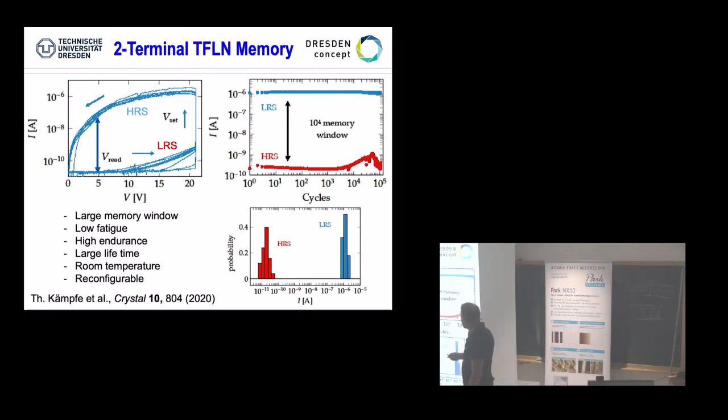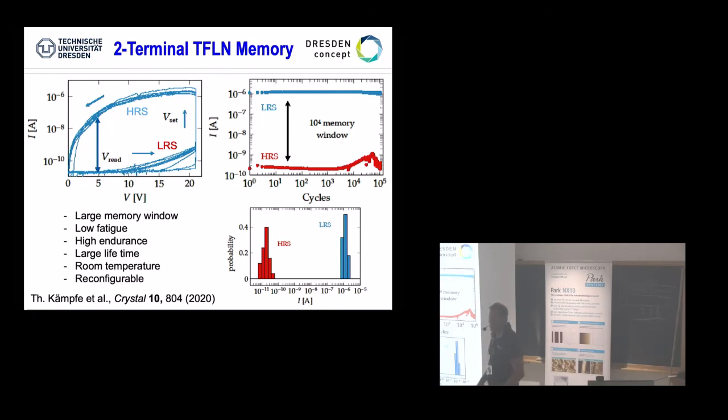So, a large voltage, 20 volts, can switch that domain wall from a low conductivity into a high conductivity. You see that here. And if you go back, we can also reverse that action and switch it back to low conductivity if you go to minus 20 volts again. So this is the loop for switching by applying high voltages. If you go up to 5 volts only, you can measure the state, high conductivity or low conductivity state.